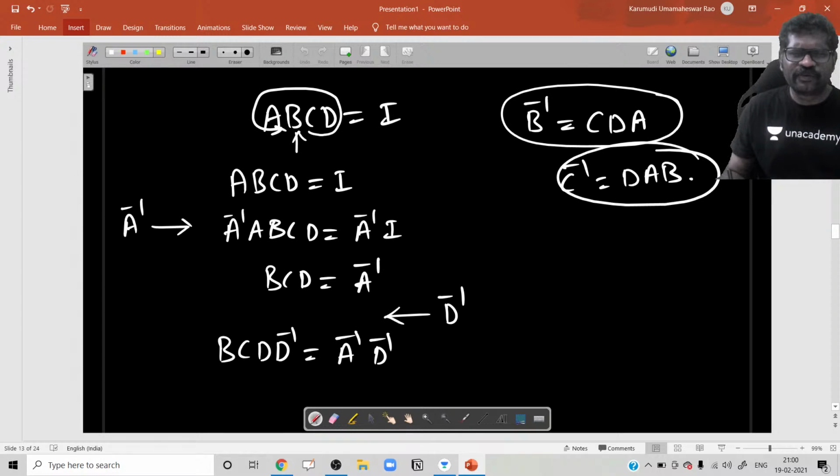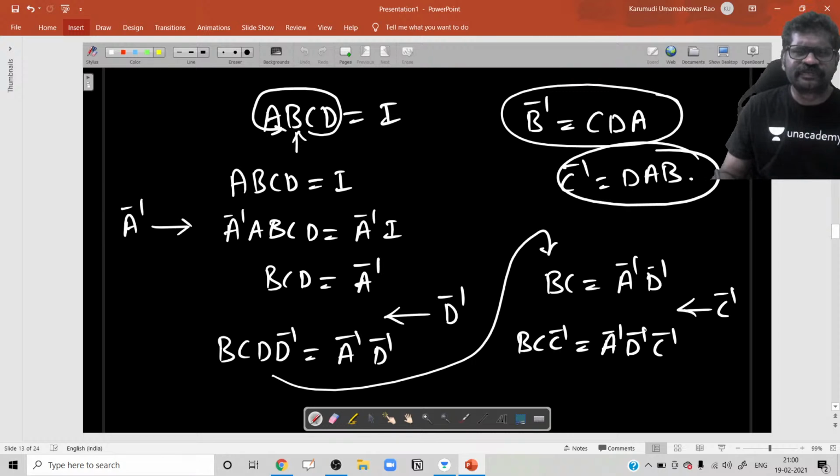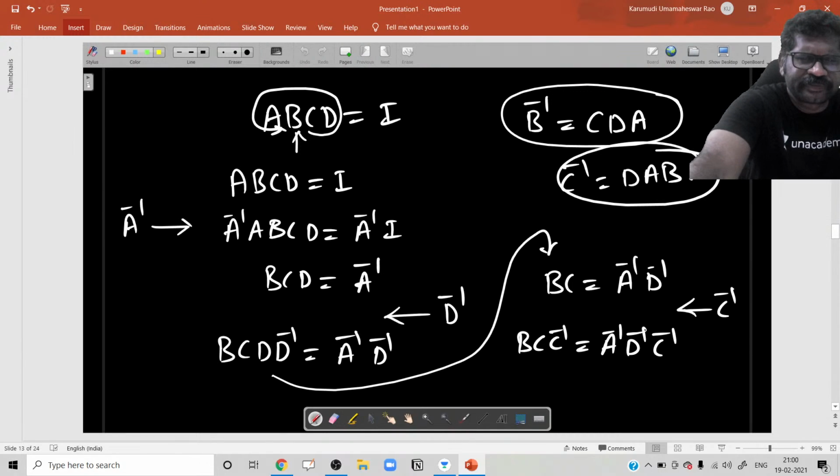From this, we can write B C equal to A inverse D inverse. Next, multiply with C inverse on both sides: B C C inverse is A inverse D inverse C inverse. Now continuation: B is equal to A inverse D inverse C inverse.